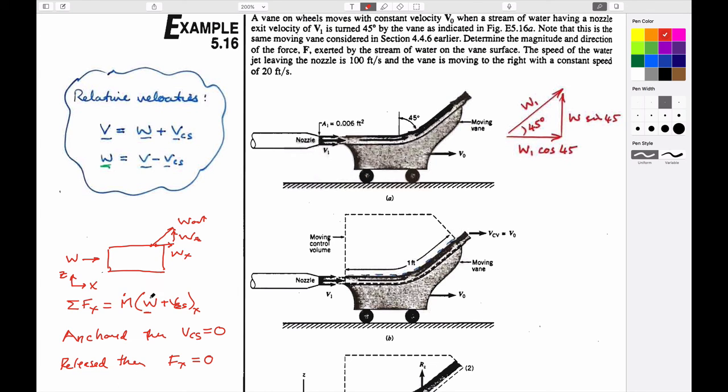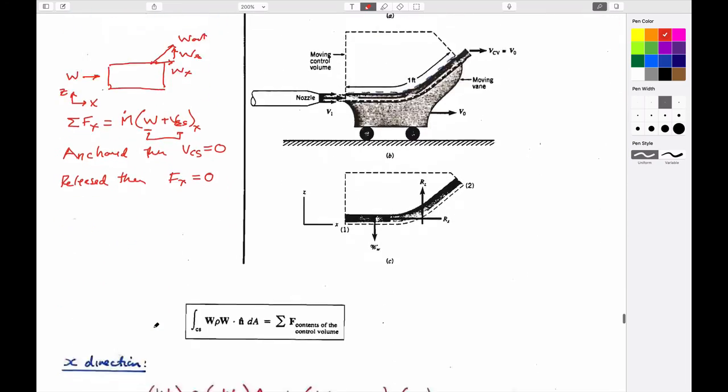You know the true velocities relative to the coordinate systems, and you can calculate everything to solve for the force. Or you can release it, and by definition the force is 0, and you can solve for the case when this is going to be equal to 0. So in other words, it has to be a specific example of these two components here. Okay?